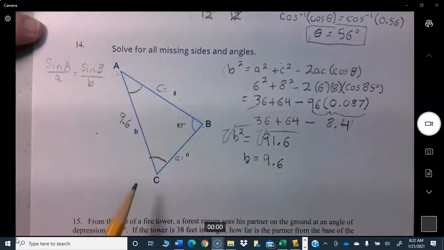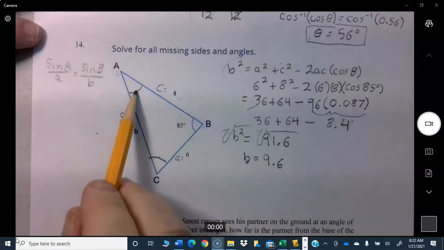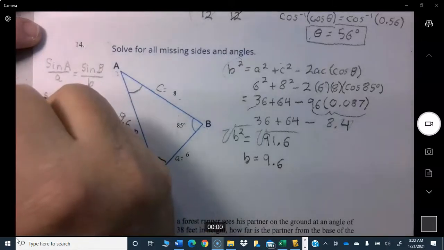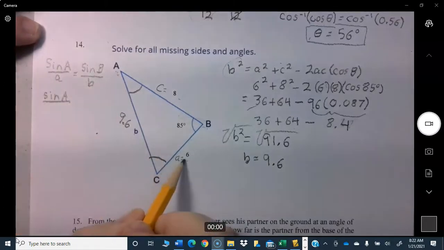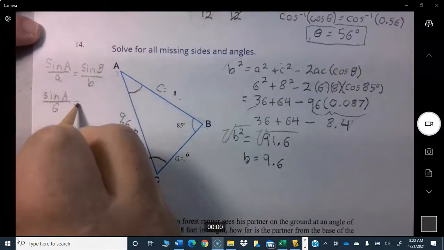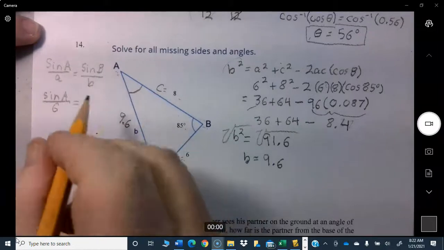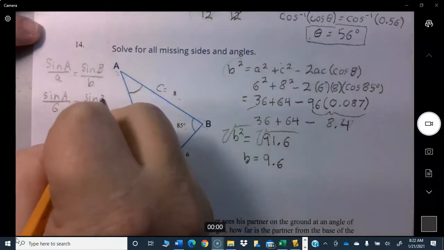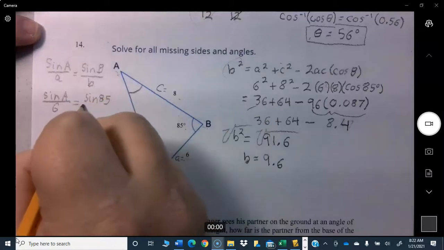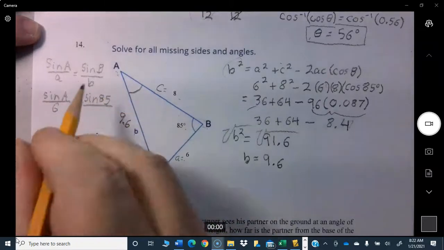Let's plug it in. Sine A, that's the sine of this angle. We don't know that angle. That's what we're trying to find out. Side A is 6. Sine B is sine of 85, and side B is 9.6.